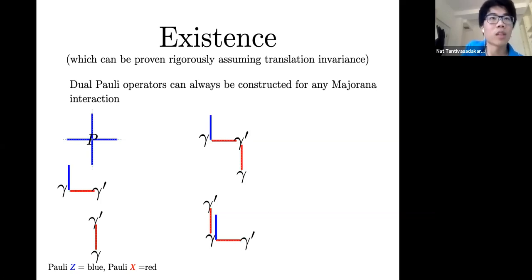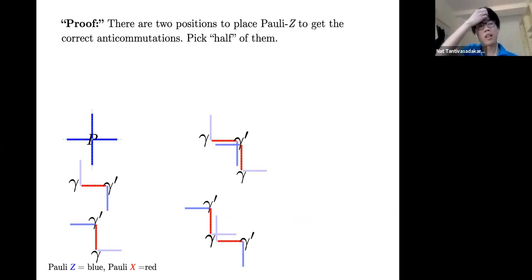So what I can do is add a Pauli Z here so that these two anti-commute, and by adding them at the right locations, I can obtain the algebra. And to prove that I can always do this, there are always 2 positions to place the Pauli Z to get the correct anti-commutations, and I basically only need to pick half of them.